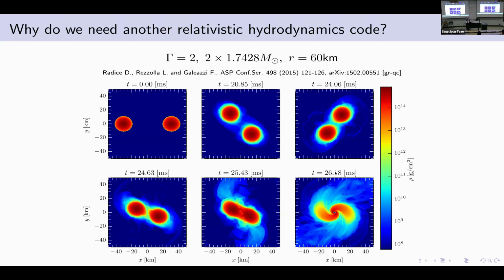And this is not to pick on anybody in particular. I just found these plots in a paper by David Radice and other people, where they evolve a binary neutron star system with just a polytropic equation of state with a certain mass.